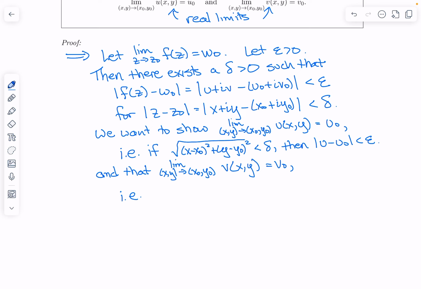That means that if my distance between xy and x0, y0 is small, so again, that's this Euclidean distance, if that is small, say less than delta, then my distance between v and v0, which is just a normal absolute value, is less than epsilon.